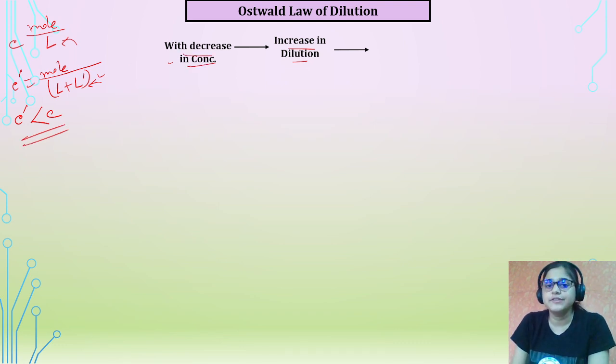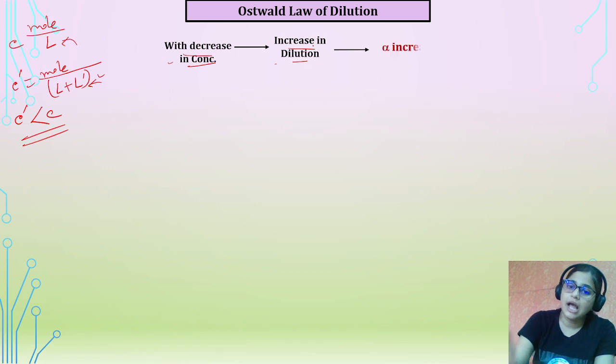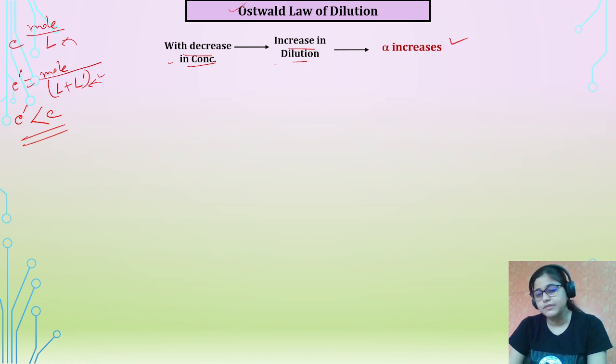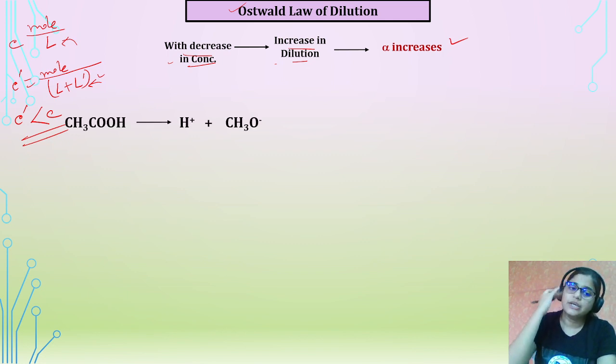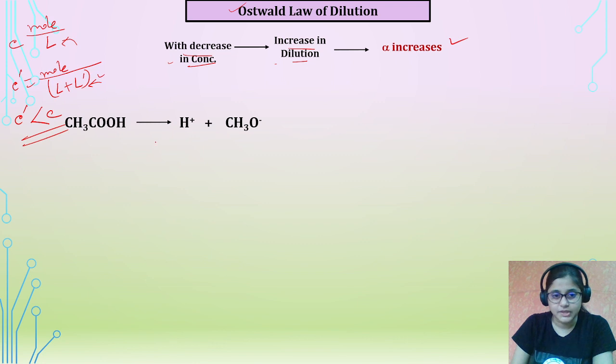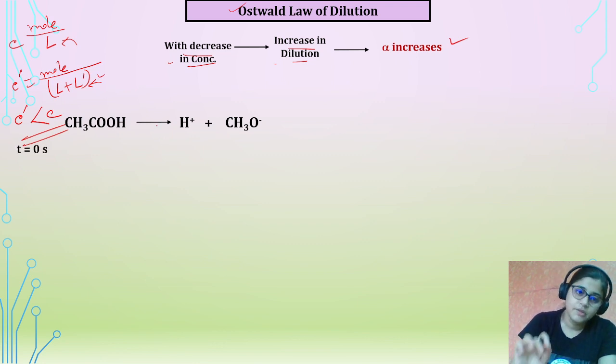Decreasing concentration and increasing dilution, what will happen? The alpha value increases. This we can explain with Ostwald dilution law. Ostwald took the weak electrolytes and proved that this actually happens. How? Let's say we have taken one weak electrolyte, acetic acid, and its dissociation.